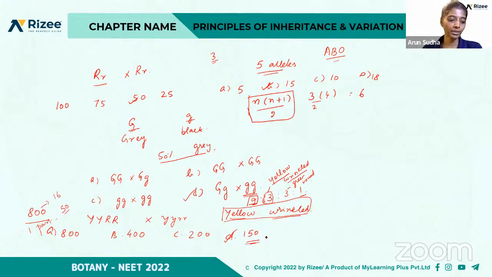The next question is: a blue fowl which is obtained from mating between black and white fowls is selfed. The F2 ratio is, option A, 1 black is to 2 white is to 1 blue, option B, 2 black is to 1 white is to 1 blue, option C, 1 black is to 2 blue is to 1 white, and option D, none of the above.